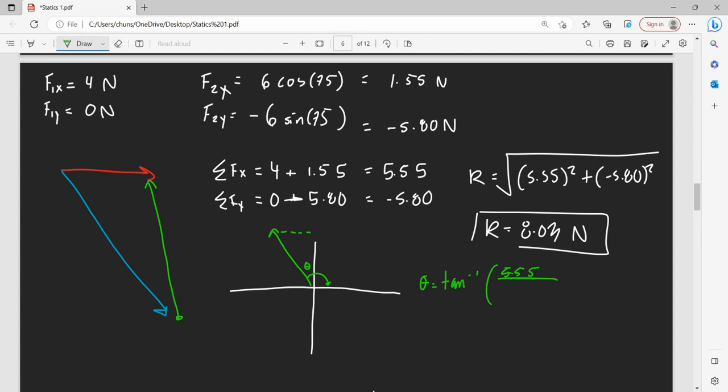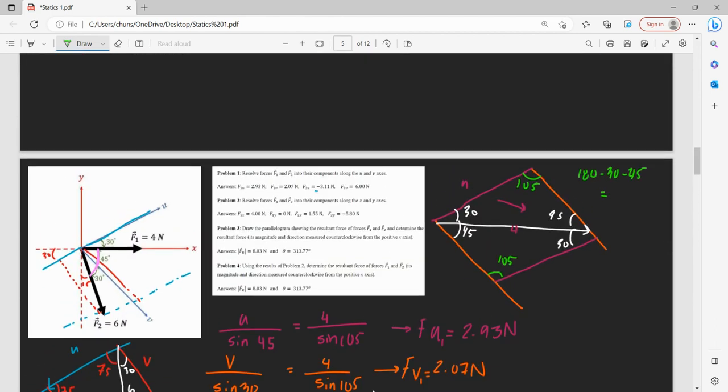Let's just use its value, 5.80, which equals 43 degrees. Then we have to add our phi. We know that to be 90 degrees. So then our total is 43 plus 73 plus 90 degrees equals 133.738 degrees.